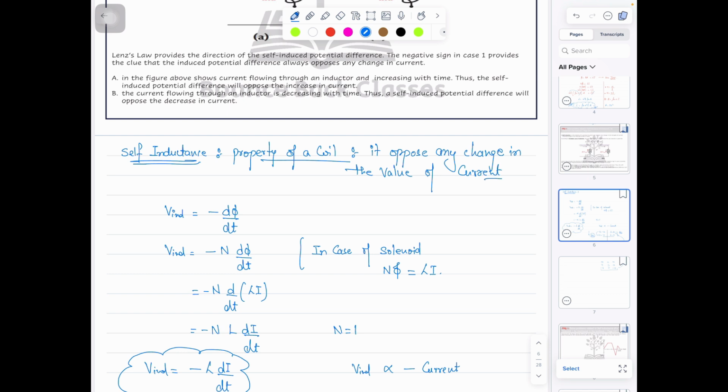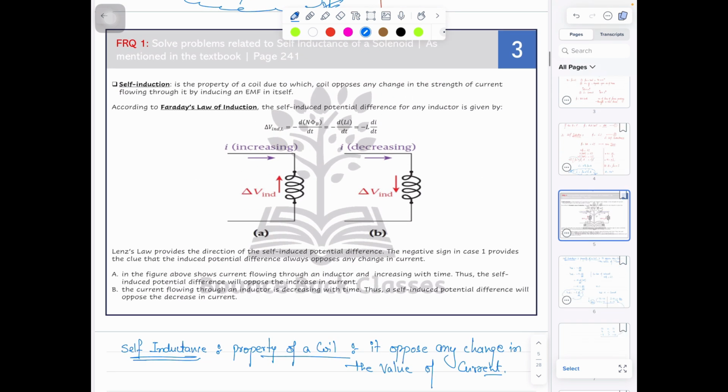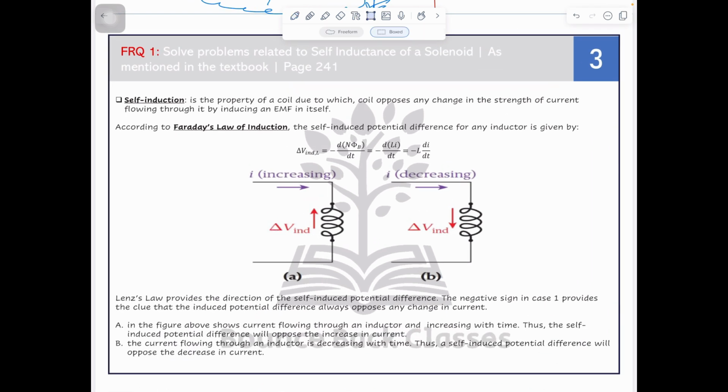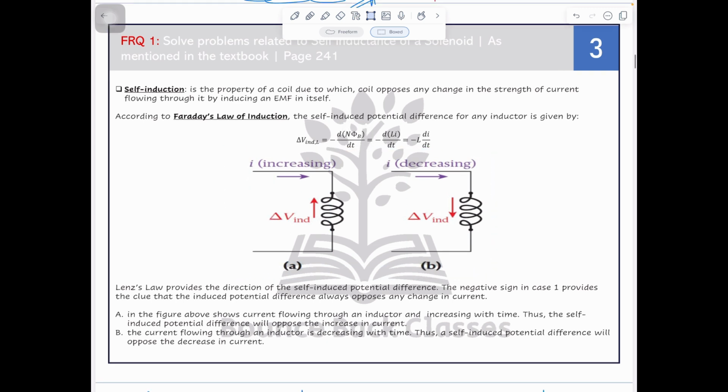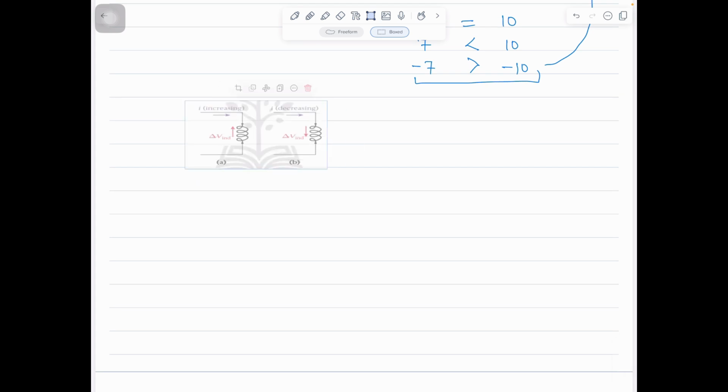Let's see what will happen here. I'll take this diagram and then I will explain this. First I will remove this. Take this diagram and try to understand this concept. Copy and paste.